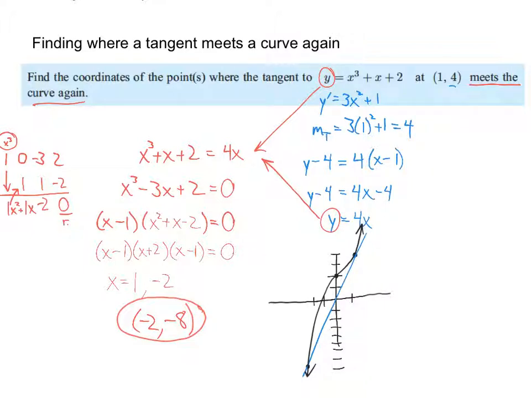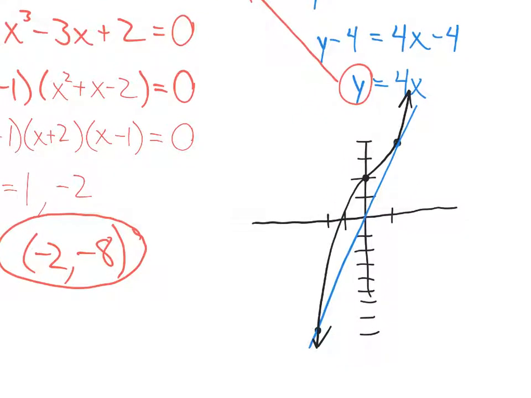That's what the original function looks something like. And then you can see the tangent line there. It has its point of tangency, but then hits it again down at negative 2, negative 8. It's not also tangent there, it's just another intersection.